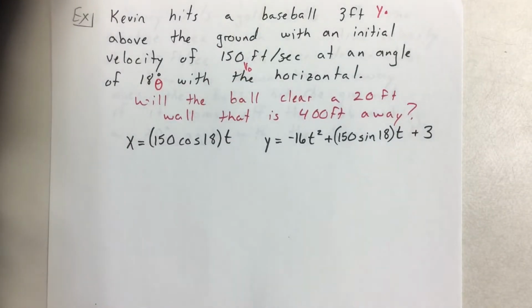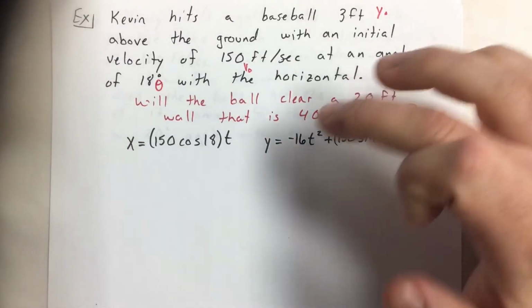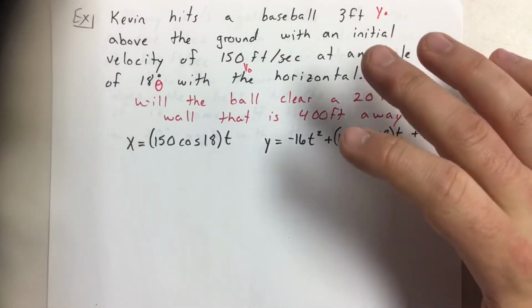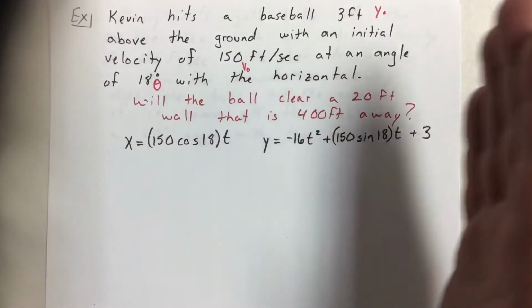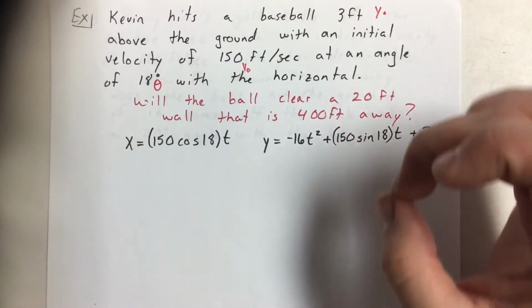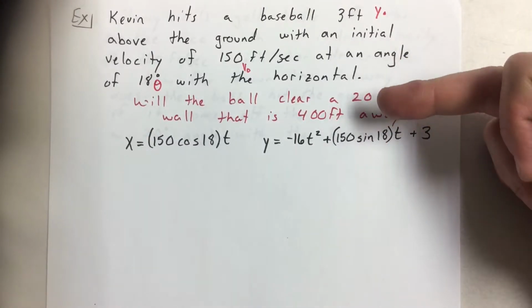Just using the equations we saw a moment ago. So will the ball clear a 20-foot wall that is 400 feet away? We're asking, when we are 400 feet out, is the vertical height going to be above 20 feet?